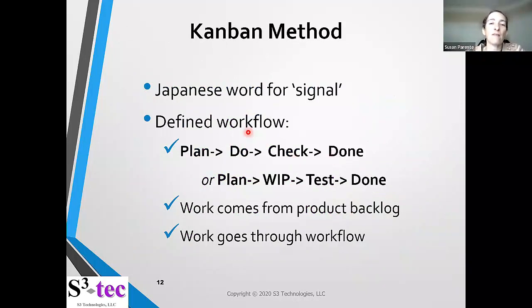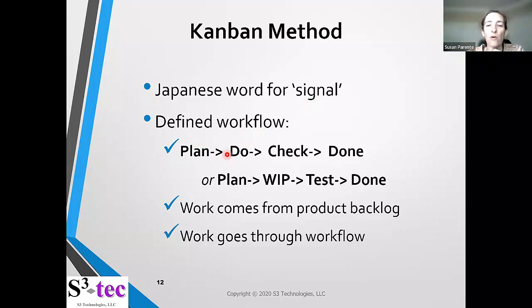So Kanban, the Kanban method, a little bit about it. Kanban is a Japanese word for signal, and it has a defined workflow. The signal is our task board, our Kanban board, which gives us signals about what work is happening, and when.